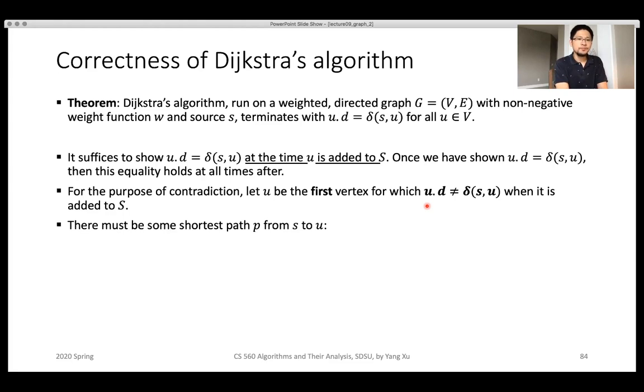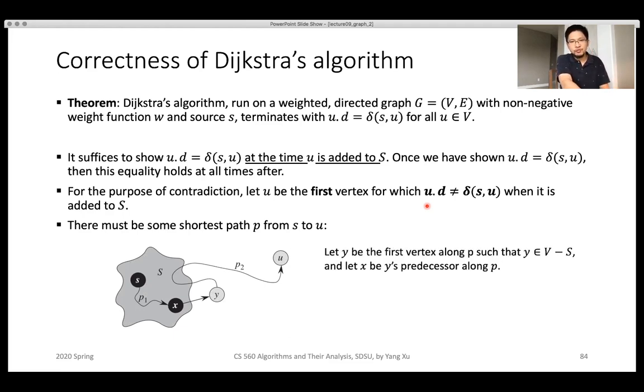So here we begin the brief proof. There must be some shortest path from the source S to any vertex U. Let Y be the first vertex along the path such that Y is outside of S. S is our set of already selected vertices, and Y is the first vertex along the path that is outside capital S. And we let vertex X be Y's immediate predecessor along the path.